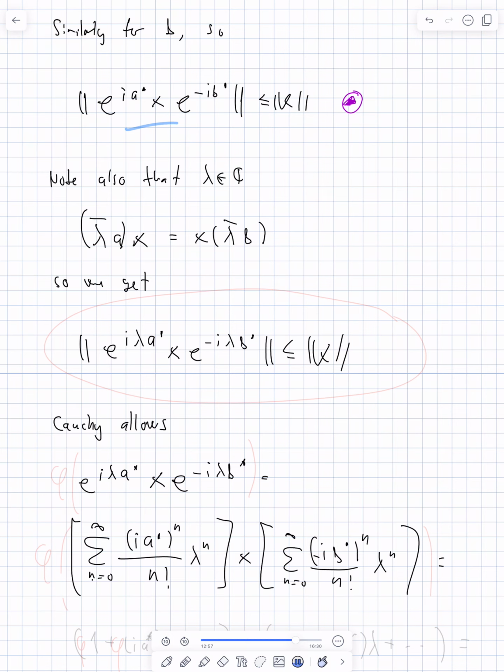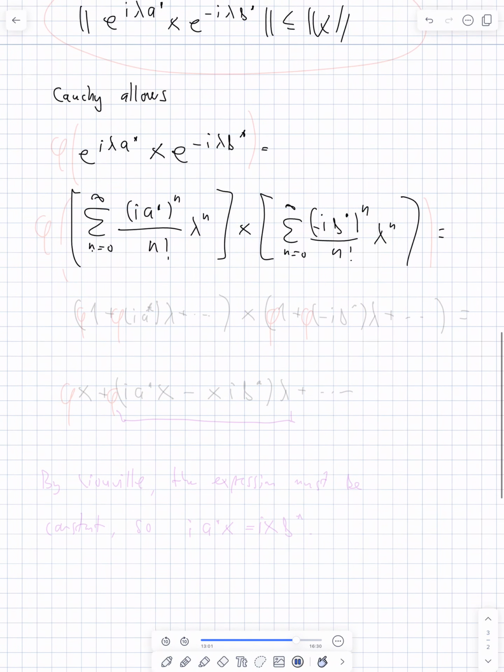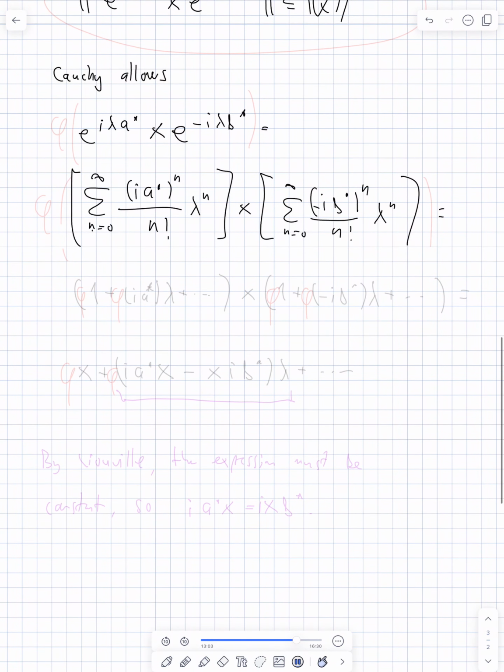And because I know that these two sequences converge absolutely, I can reorder my sums, right?